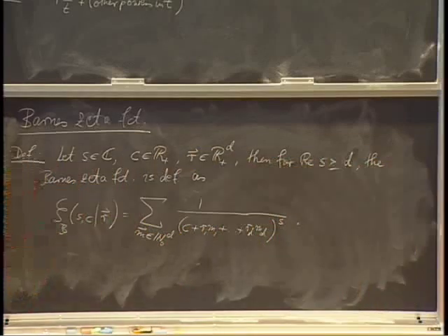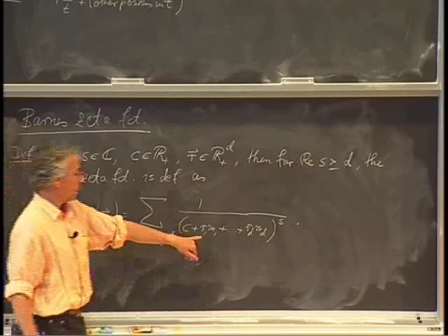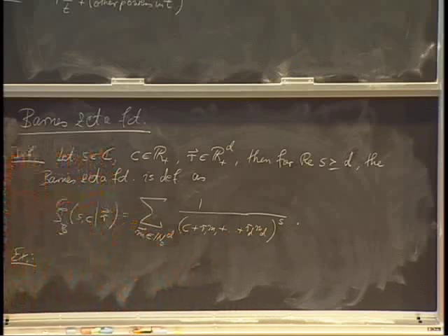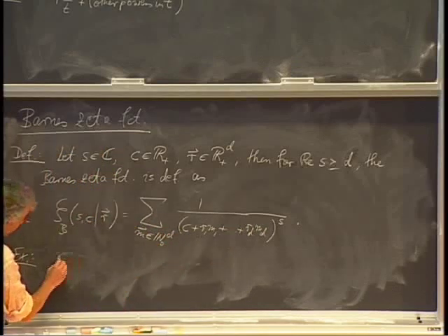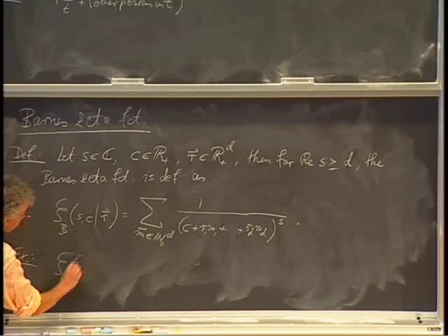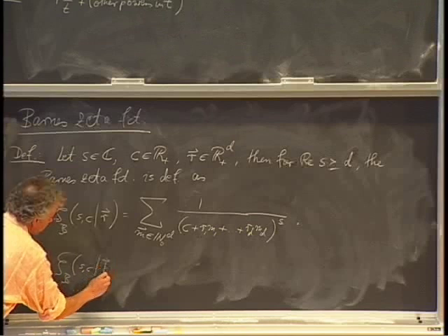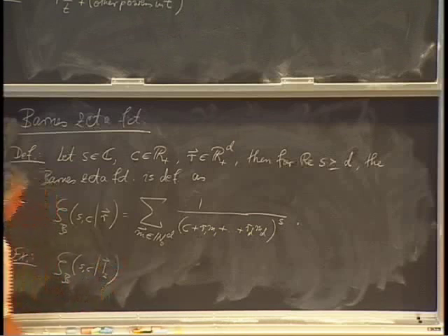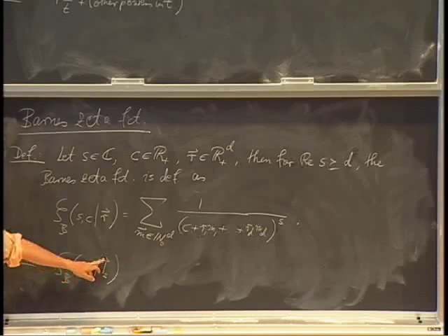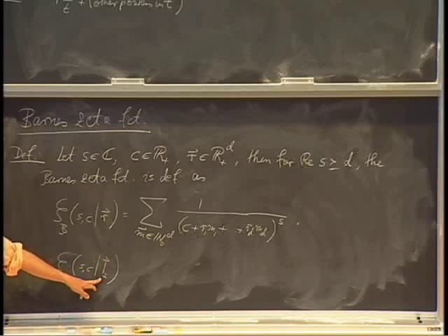Now again, not to be overwhelmed by notation, let's look at an example where we take 2 summations. So let's put D equals 2, and let's take all the R's to be 1. So this notation means we are looking at the vector 1, 1.